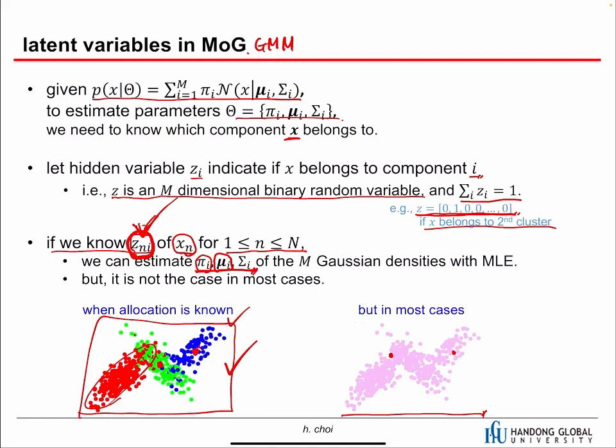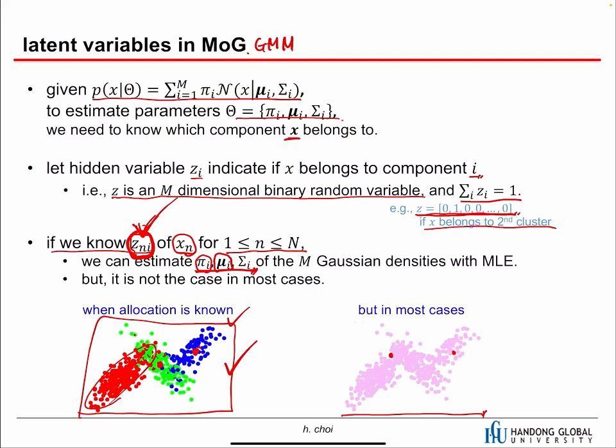We have just a bunch of samples, and we can guess that some samples belong to one cluster and some other samples belong to other clusters. So maybe there will be a couple of clusters, but we don't know.